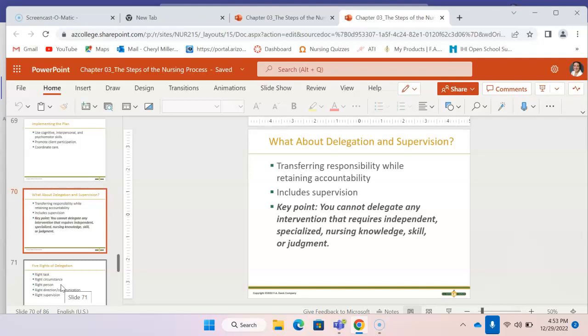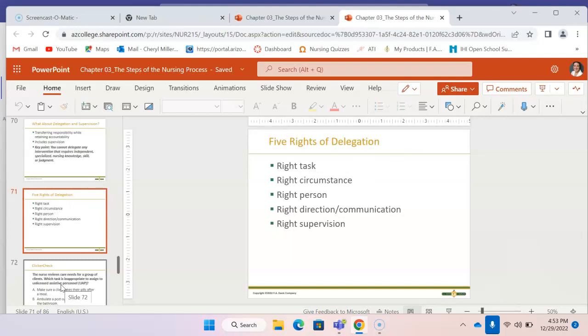Are they doing it? So the key point is you can't delegate anything that requires independent, specialized nursing knowledge, skill, or judgment. Something an RN should be doing. Should they be doing it? No. Okay. Addressing change on a central line. No. Okay. 5 rights.